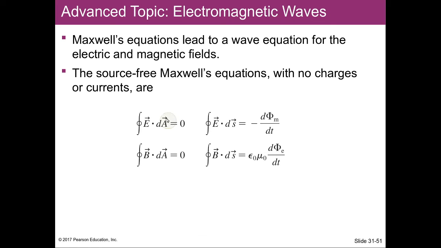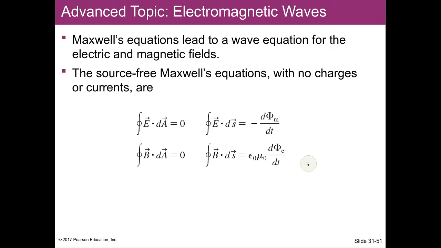So we have Gauss's law both for the electric and magnetic field, we have Faraday's law, and we have Ampere's law with the Maxwell addition of the displacement current and the absence of any physical current.